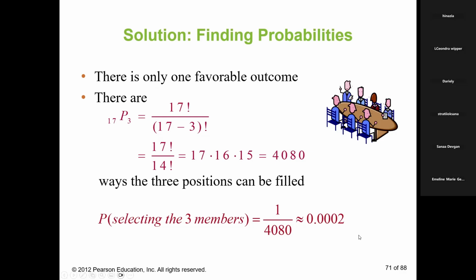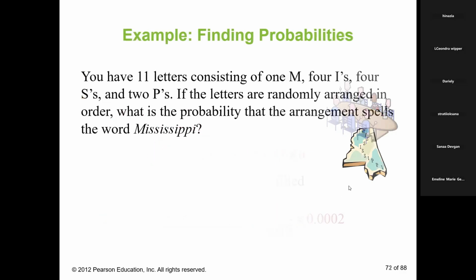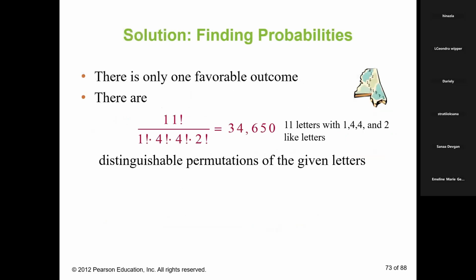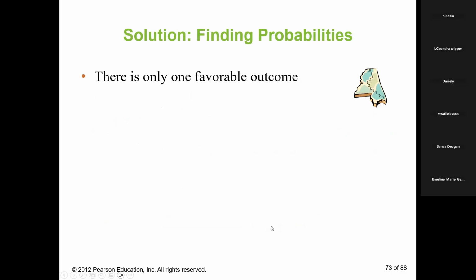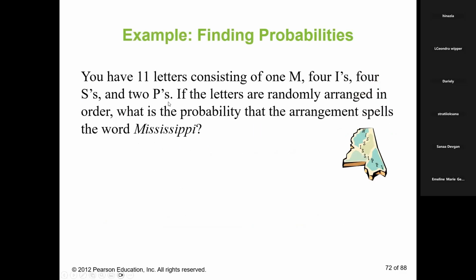All right. I think we solved this problem earlier. All right. So suppose you have 11 letters consisting of 1 M, 4 Is, 4 Ss, and 2 Ps.